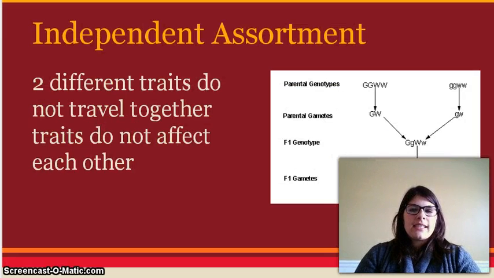So let's go on to independent assortment. This was the second law that Mendel talked about. And all this states is two different traits do not travel together and do not affect each other.